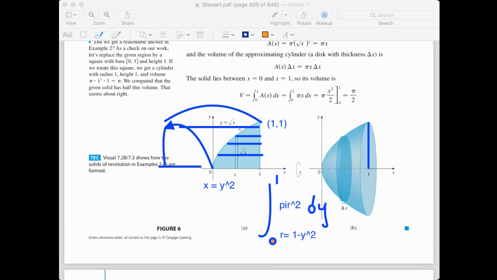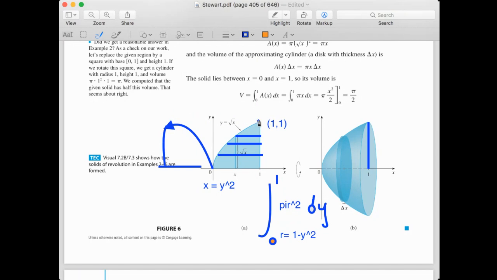Where did you get the 1 from? Okay, let's see. You see this picture? This region is from 0 to 1 on the x-axis, and this function is the square root of x. So that means this point here is still 1, it's (1, 1). So these constant bounds are important.